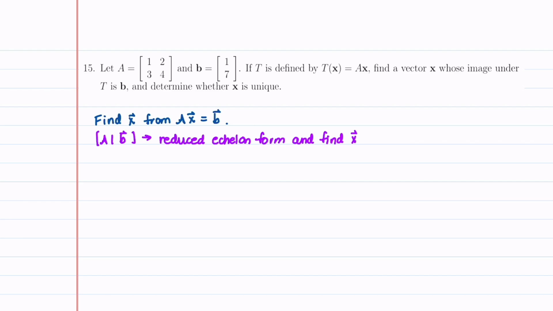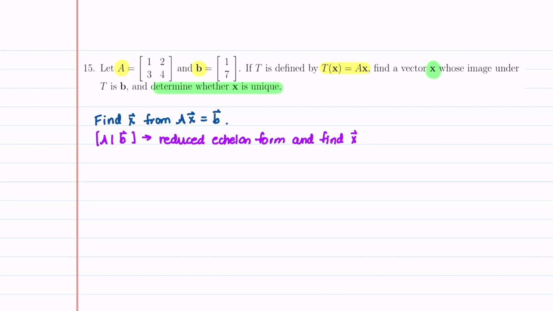In this question, we're given a 2x2 matrix A and a 2x1 vector B. And we're told that T is defined by T of X is equal to A times X. We're asked to find a vector X whose image under T is B, and then we're asked to determine whether X is unique.